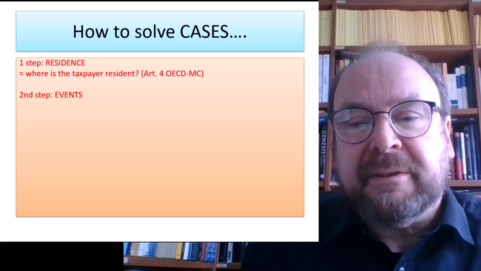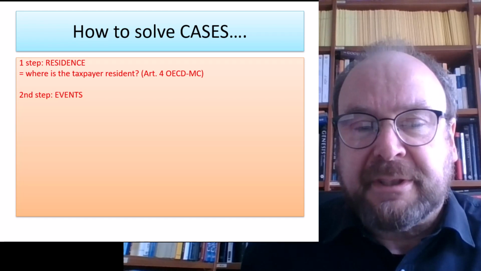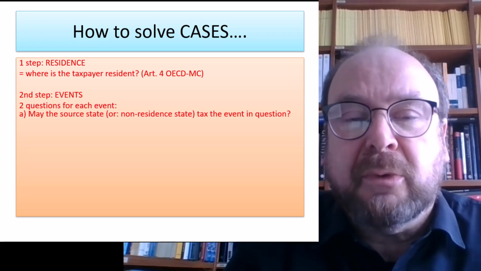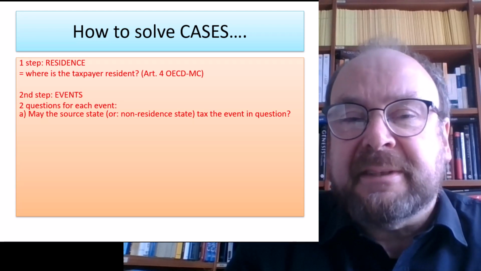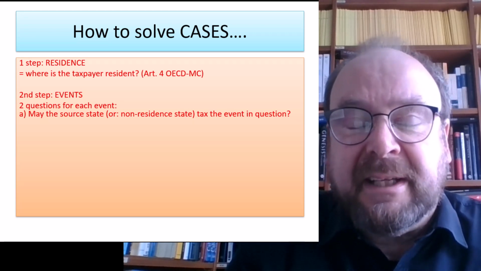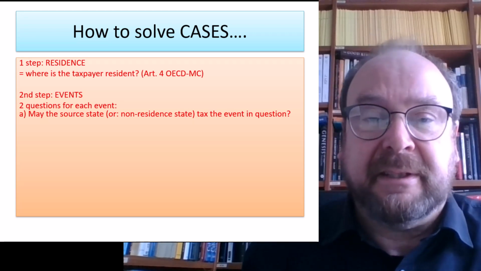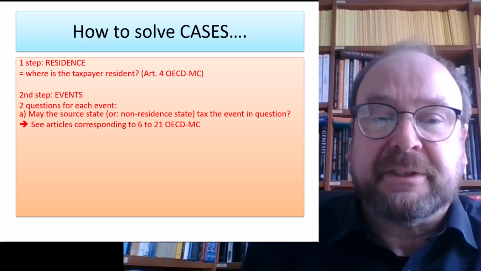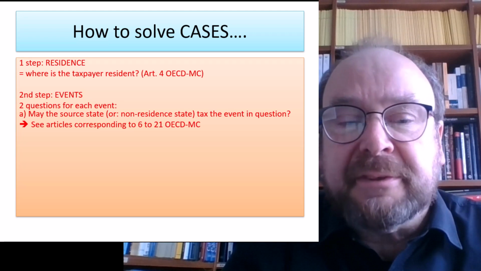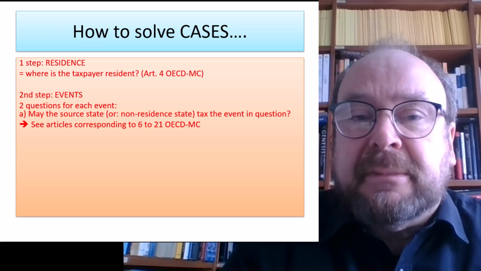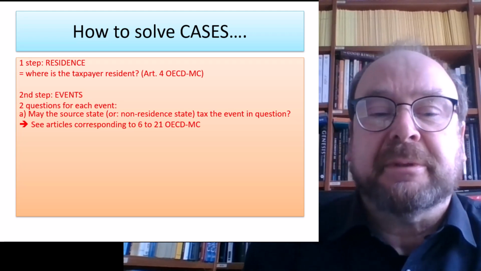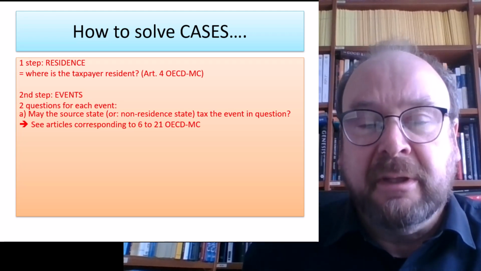For each event, you pose two questions. The first question is, can the source state where the money comes from, or more generally, the state where you are not resident, tax the event in question? For this, and only for this question, you have to look to the articles which correspond to 6 to 21 of the OECD Model Convention.